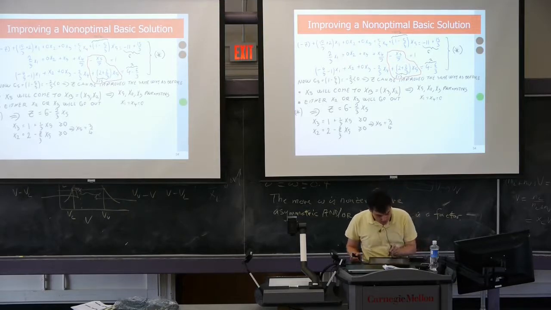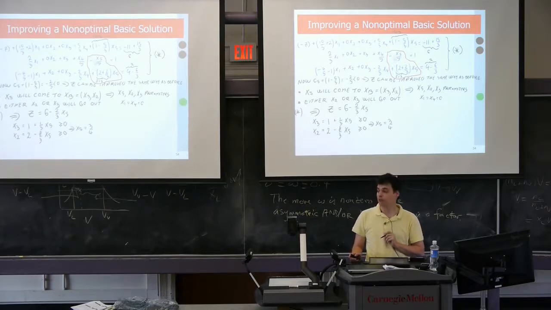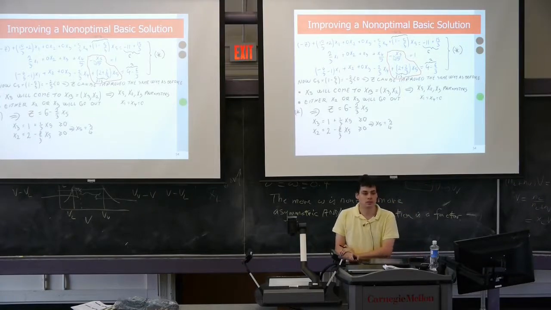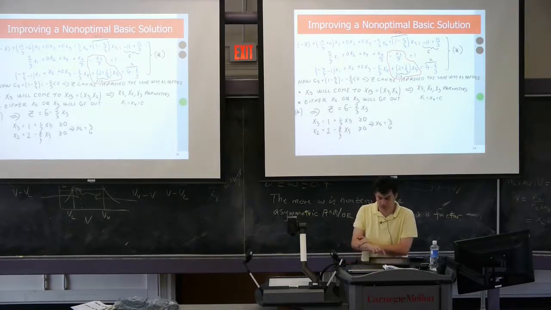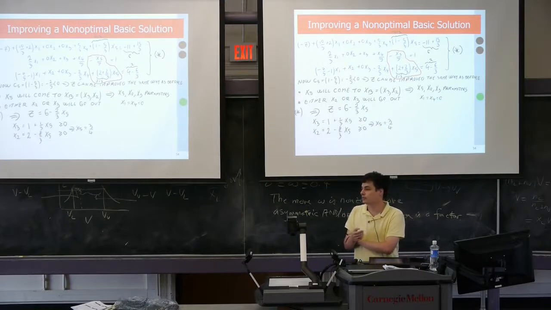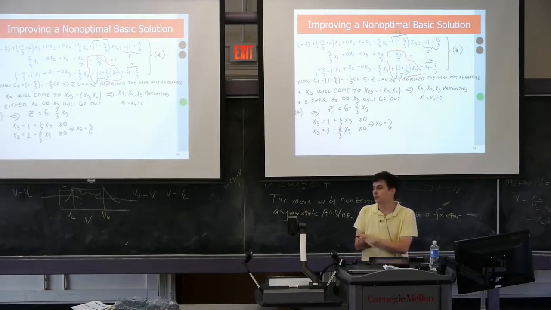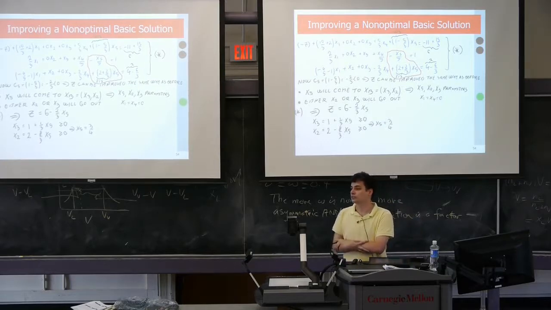Imagine that in this column all the coefficients were positive. Then we could get minus infinity for z, because I just need to set x5 to infinity. The solution would be feasible, and the value of z would become minus infinity.